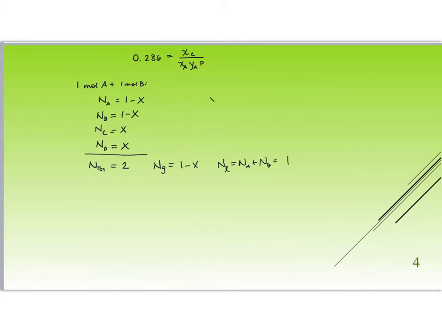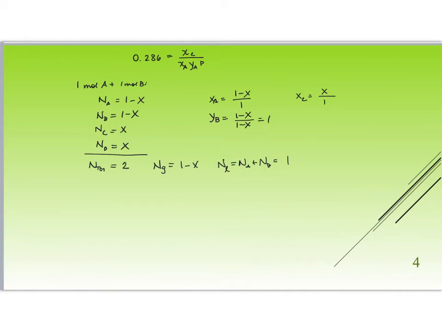Therefore, x sub A, because it's in the liquid phase, is 1 minus x over 1. B is in the gas phase, so y sub B is going to be 1 minus x over 1 minus x, which is equal to 1. x sub C will be x over 1, liquid phase.